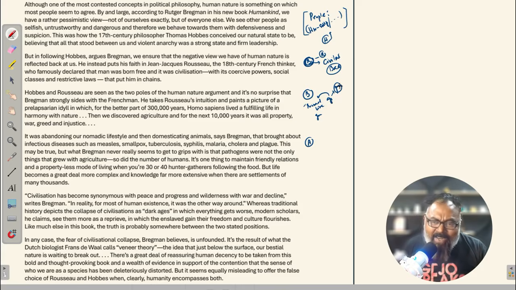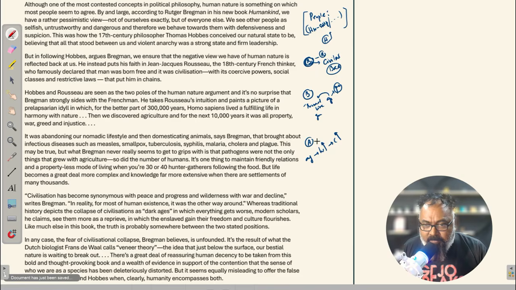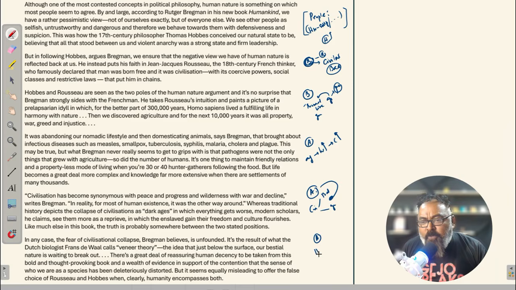I know that agriculture created problems, but what is also important is that agriculture also increased human population and complexity. Here the author is again saying, look, the truth is in between. You cannot treat civilization as either bad or good. The author says it has to be somewhere in the middle. And the author eventually says that you can't treat Hobbes' view as separate and Rousseau's as separate. The reality is between the two.